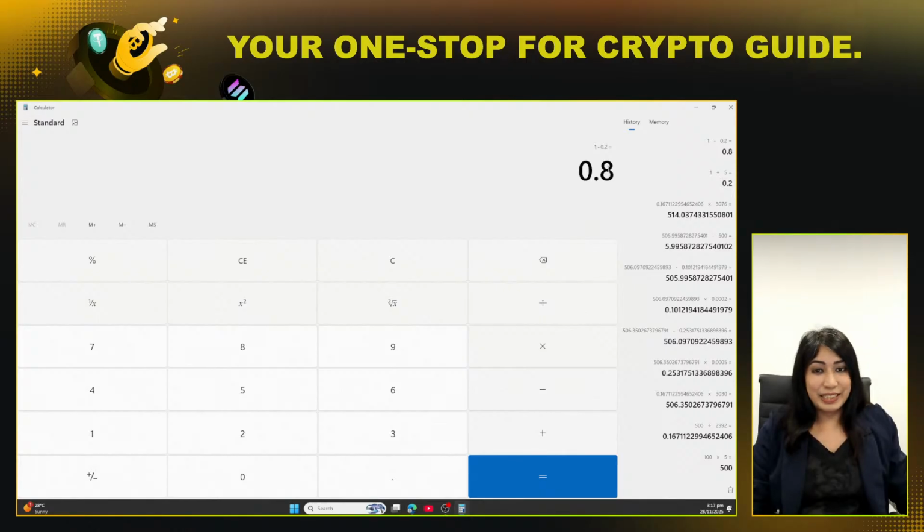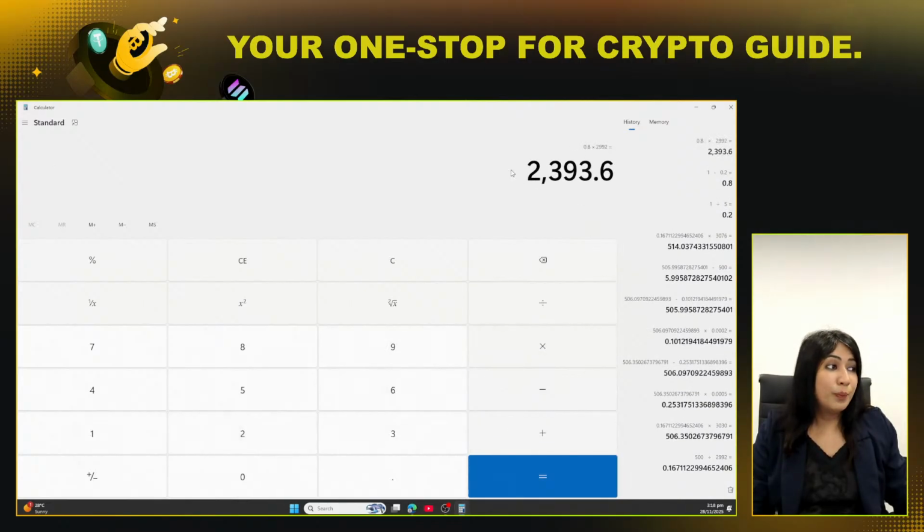If I deduct this 0.2 from 1, 1 minus 0.2, I am left with 0.8. If it were positive, I would add it to 1, but if it is negative, like if it is going to be a sell, then I am going to deduct it from 1. So it is going to be 0.8 into 2992, which is what we bought at.